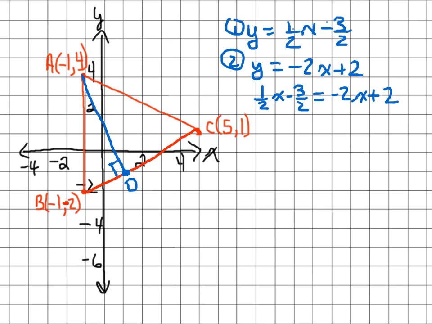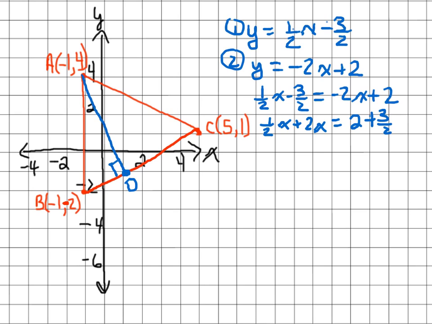I'm going to add 2x to both sides to get rid of the -2x, and I'm also going to add 3/2 to both sides in order to get rid of the 3/2 on this side. So I have 1/2 x plus 2x equals 2 plus 3/2.